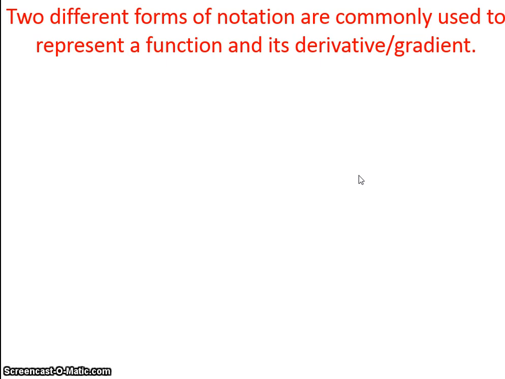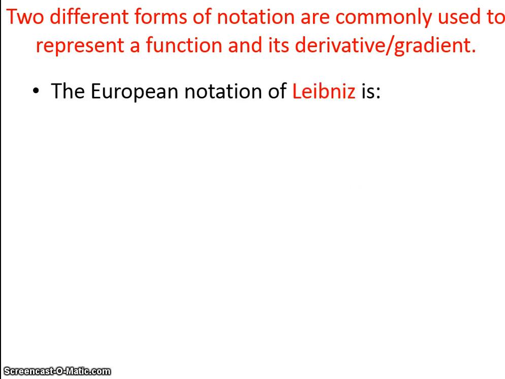Now there are two different forms of notation that are commonly used to represent a function and its derivative or gradient. The first type of notation is known as European notation, and we sometimes call that Leibniz notation.